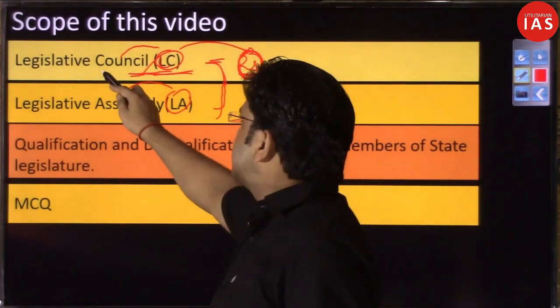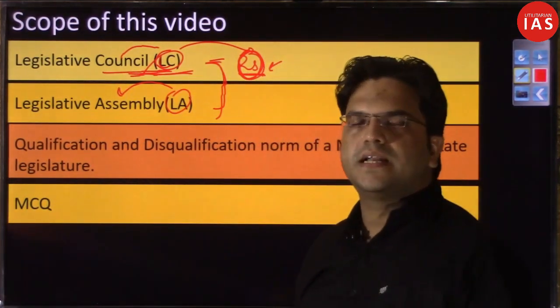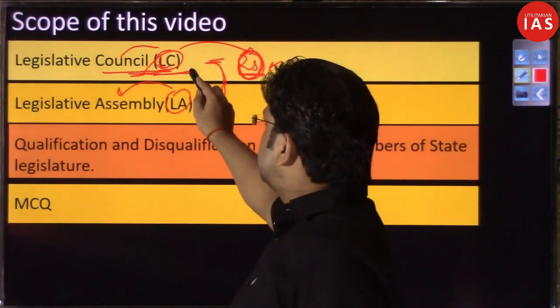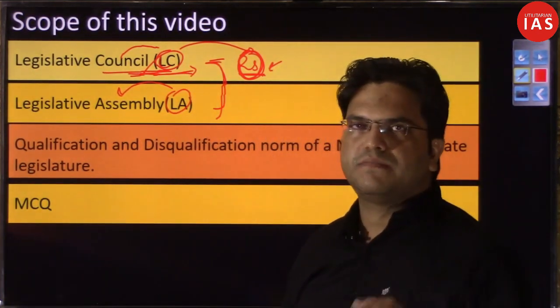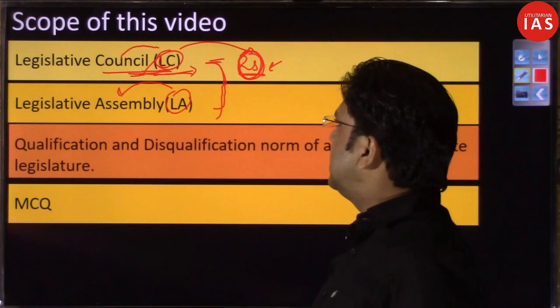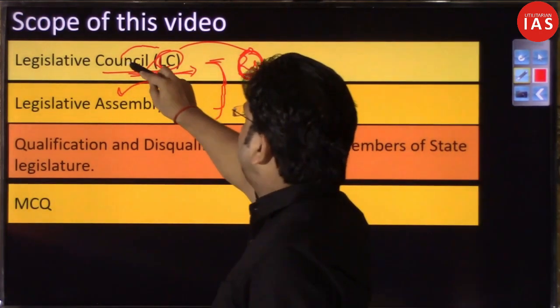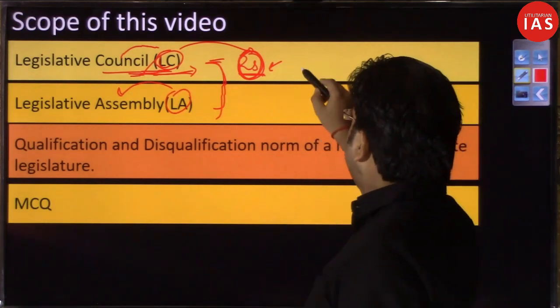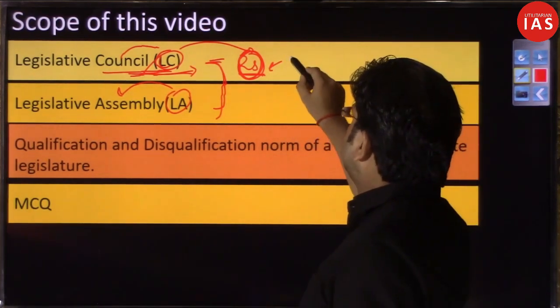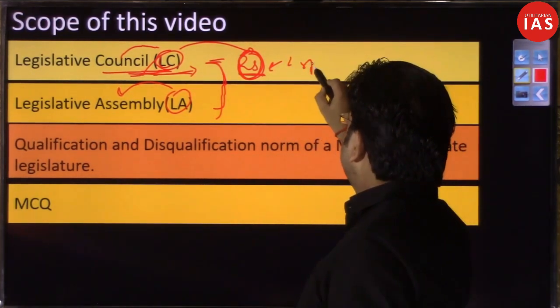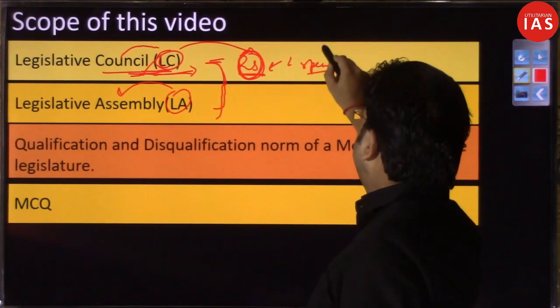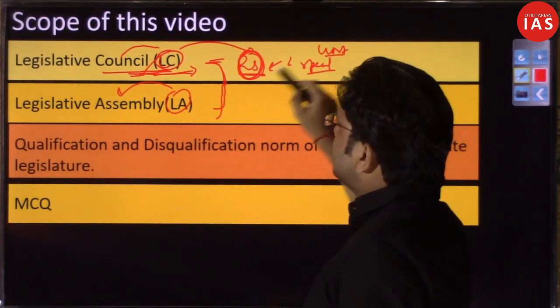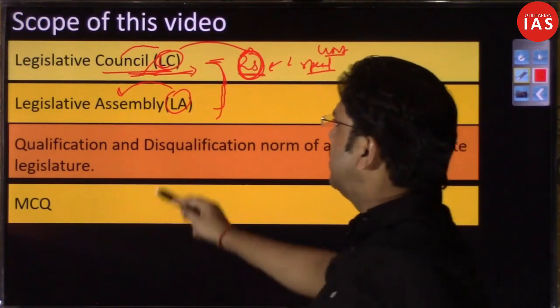But having a legislative council is entirely optional, entirely dependent on the state legislature, mind you, not the government but the state legislature, because for having this legislative council, as we will discuss the process, you will know that it is the state legislature which passes it with a special majority. So it is not the government's desire to have a legislative council at the state level or not.